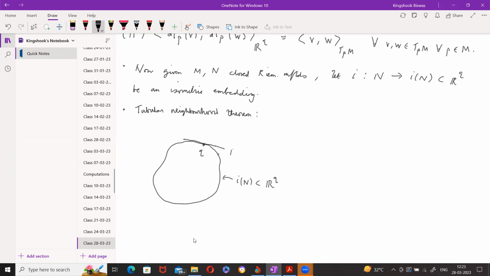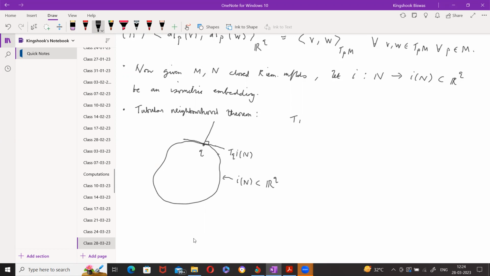So I have the T_Q of I(N), the tangent space to this submanifold, and I also have its orthogonal complement in Rn. So this is T_Q I(N) perp. So we define what's called the normal bundle.